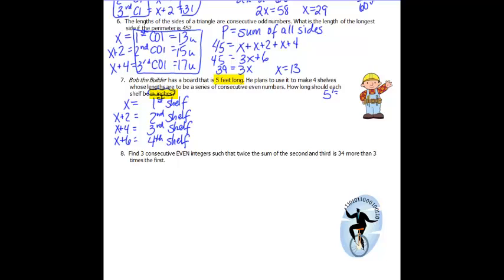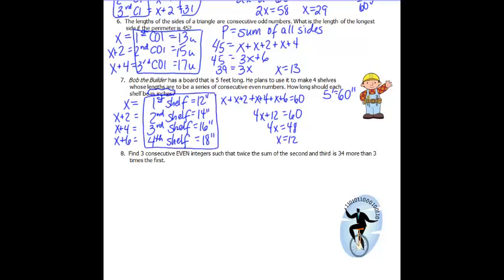Well, 12 inches in a foot, so that's going to be 60 inches. Now I'm going to add x plus x plus 2 plus x plus 4 plus x plus 6 and get 60. 4x plus 12 equals 60, 4x equals 48, and x equals 12. I'm going to start with 12 inches, 14 inches, 16 inches, and 18 inches. And if I add all those up, I will get 60.